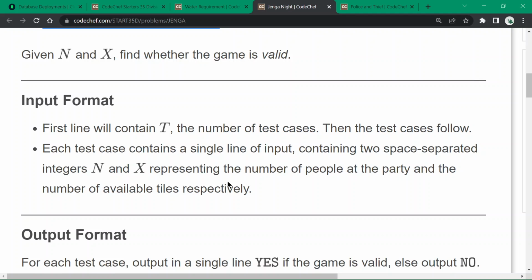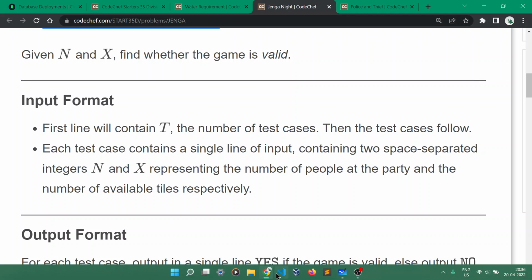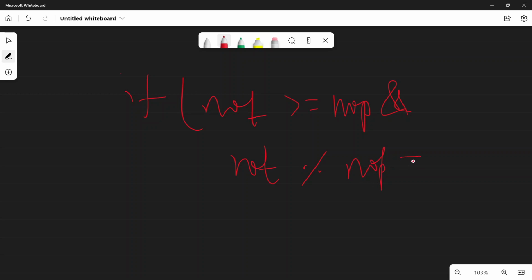Then we will just write a statement: if number of tiles is greater than or equal to number of people and number of tiles modulo number of people is equal to 0.